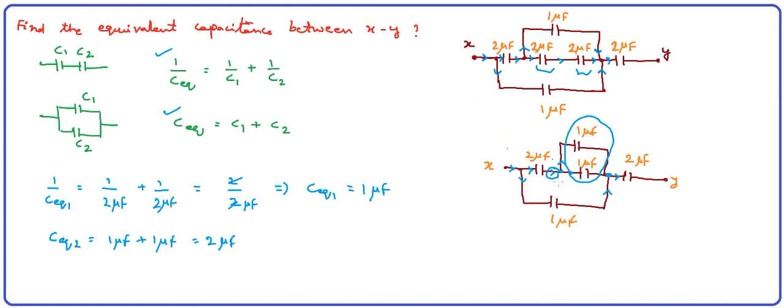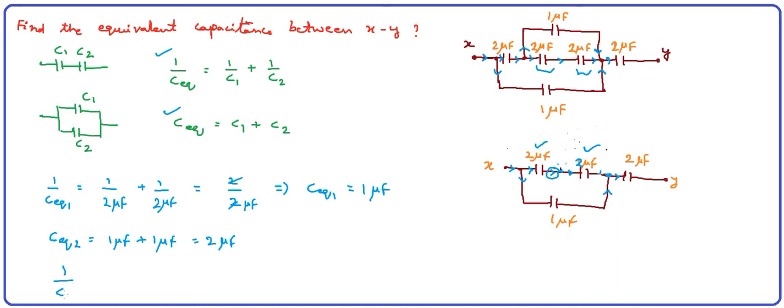Now I can remove this part and simply write 2 here. Now if you see, the current flows through this 2 microfarad and this 2 microfarad, so those two are in series.